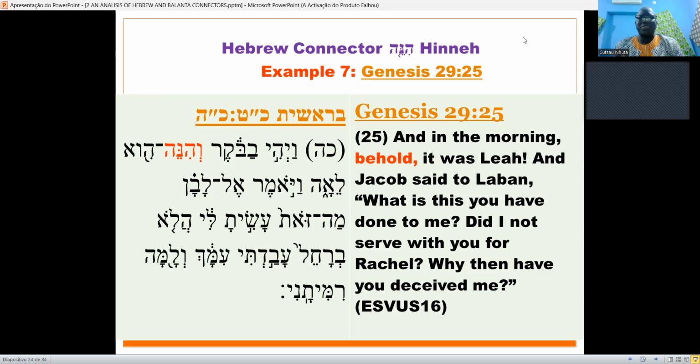In Genesis chapter 29, verse 25, it is read, Vayehi baboker, vehine hu Leah, Vayomer el Lavan, ma zot asita li halo berachel avati ima velama rimitani.